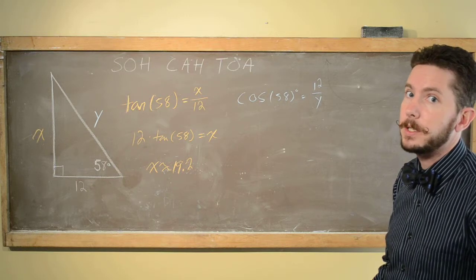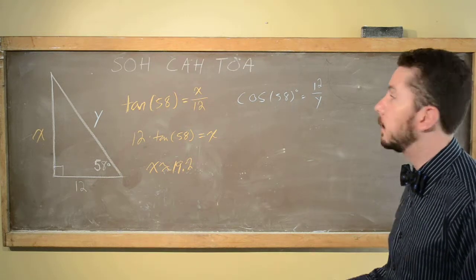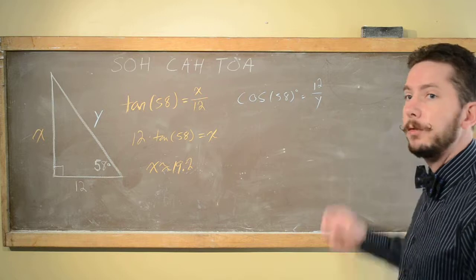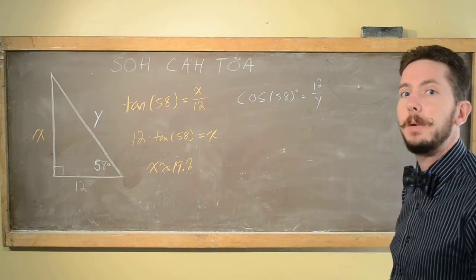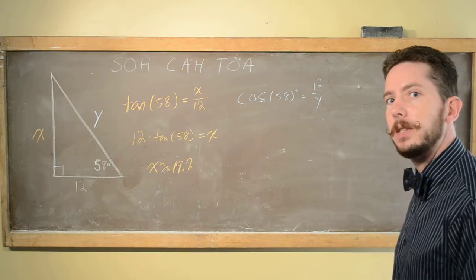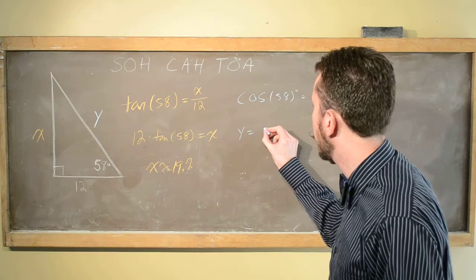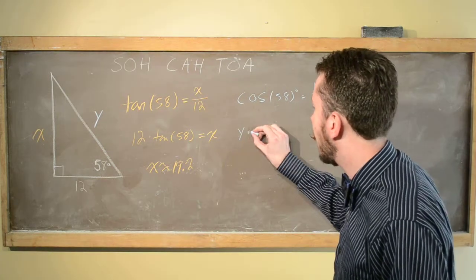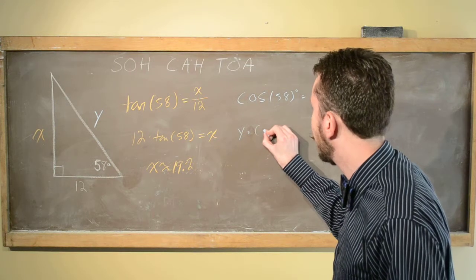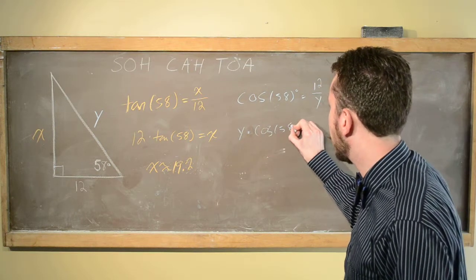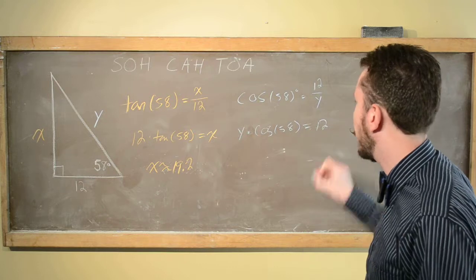This affects the way that we solve the problem. Here, in order to solve for y, we need first to get the y out of the denominator. So we can multiply both sides of this equation by y. And we get that y times the cosine of 58 is equal to 12.